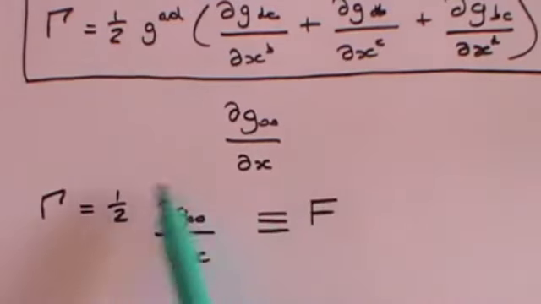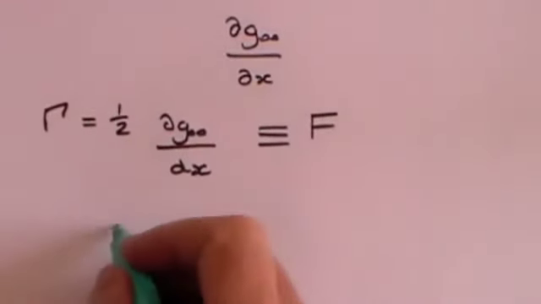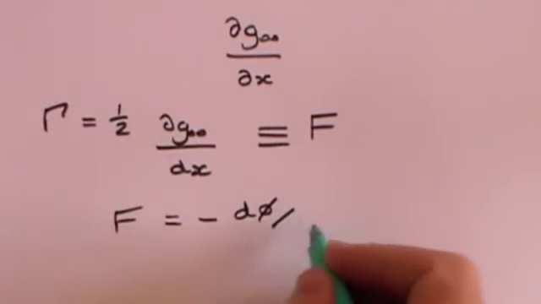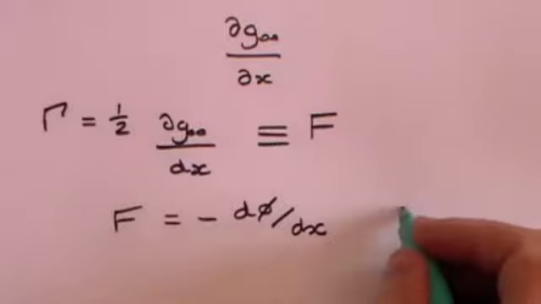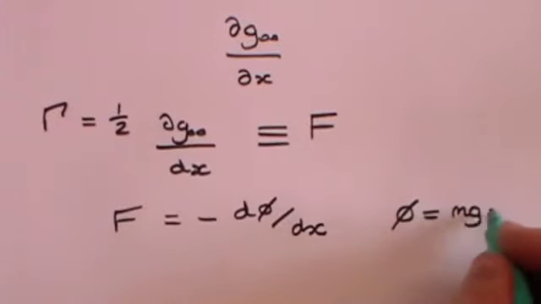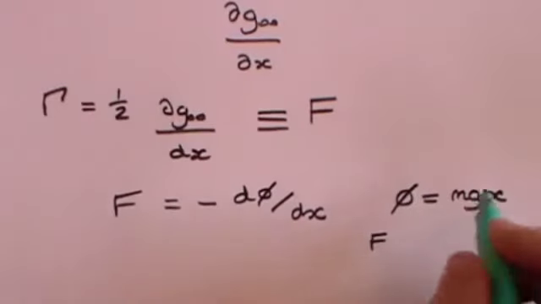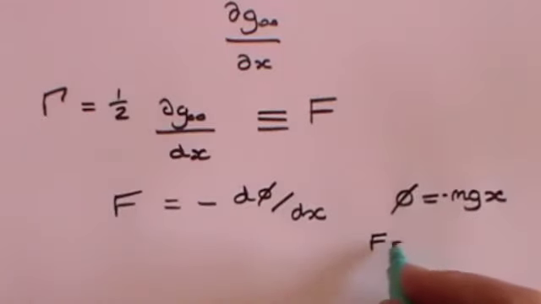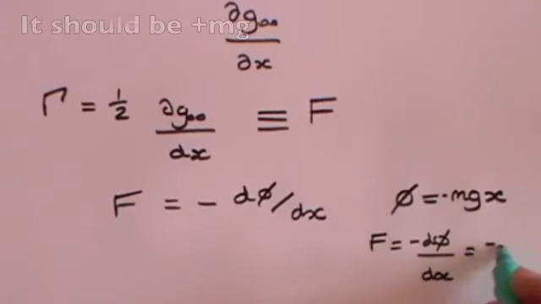So the force is kind of equivalent to this term here. But in Newtonian mechanics, force is minus the derivative of the potential. For example, if the potential energy near the Earth is equal to mgx, where x is the height above the Earth, then the force will be minus d phi by dx, which equals minus mg.